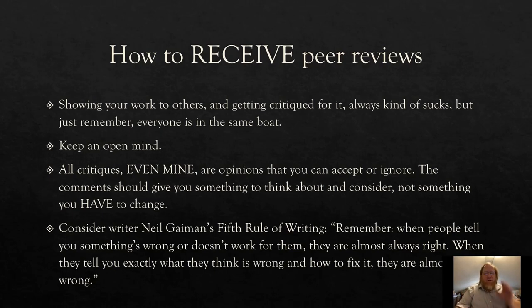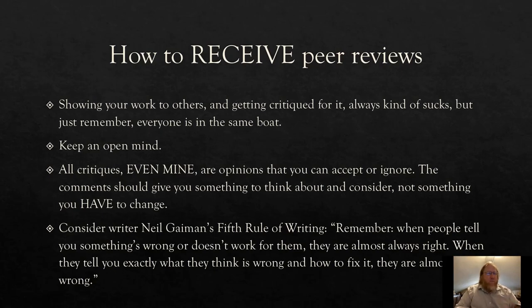All right. So, the fantasy author Neil Gaiman has 7 rules of writing. They're wonderful, but I want to focus on the 5th rule of writing right now. Remember, when people tell you that there's something wrong or something doesn't work for them, they're almost always right. When they tell you exactly what they think is wrong and how to fix it, they're almost always wrong.